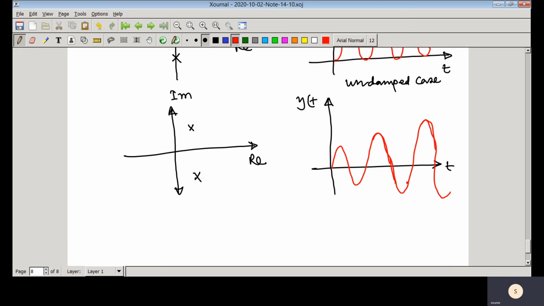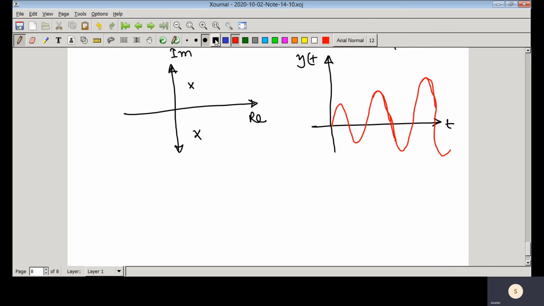And then what happens if it has two unstable poles but they are on the real axis? So this is the real and this is the imaginary. This is the complex plane, and you have two unstable poles on the real axis.